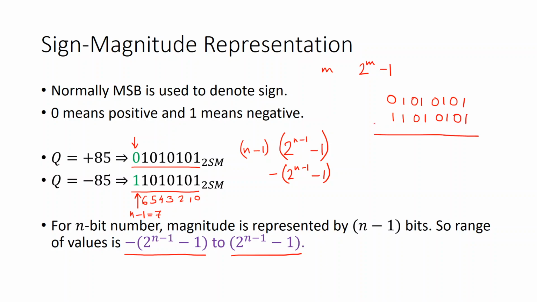So if you add these two, since this is the representation of plus 85 and this is the representation of minus 85, they should add up to 0. But what are they adding up to? You see that they are adding up to this quantity. This is definitely not 0 in the signed magnitude representation.